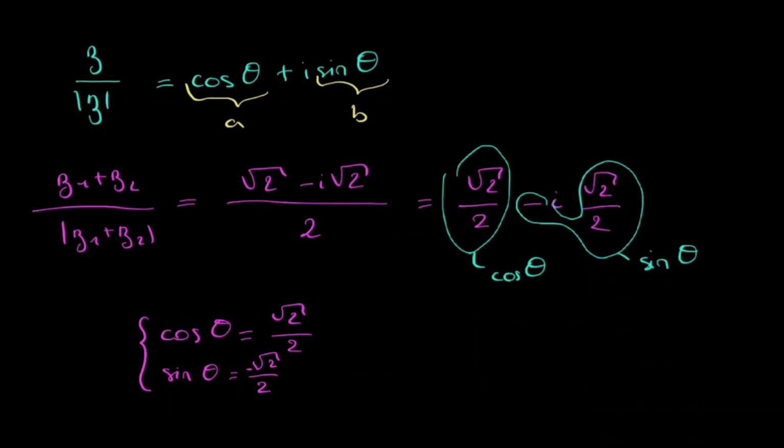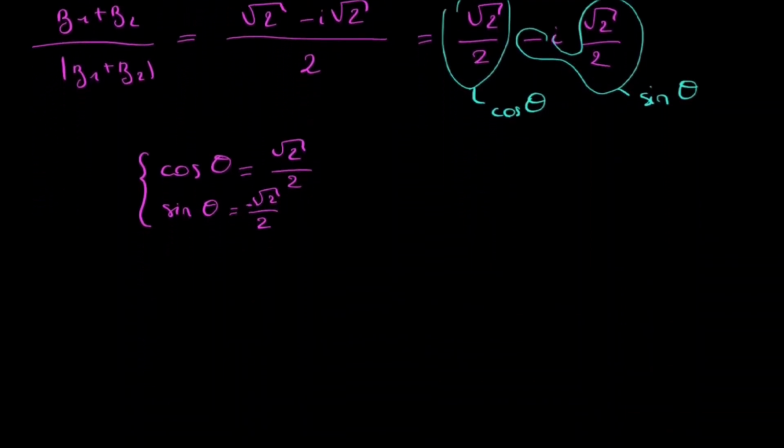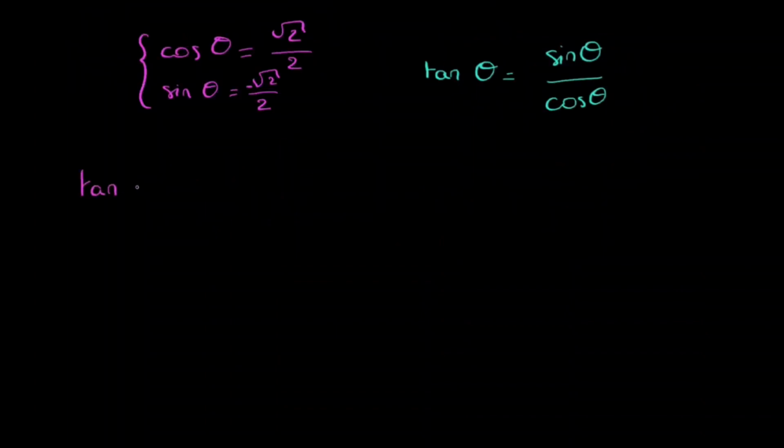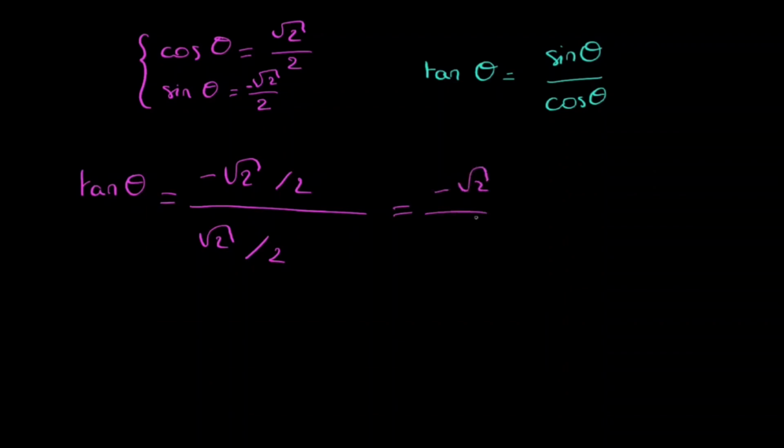We can write it like this, cos theta equal root 2 over 2 and sin theta equal minus root 2 over 2 with the minus. Okay, then we know that the tangent of theta equal sine theta over cosine theta. Here, tangent theta equal minus root 2 over 2 over root 2 over 2, equal minus root 2 over 2 times 2 over root 2.